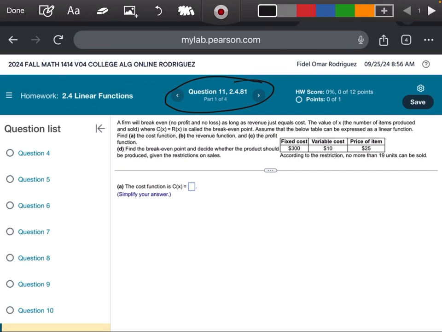Okay, so look, y'all, we're making something and we're going to be selling it. So the first thing we're going to do is figure out something called the cost function. The cost function tells us how much it's going to cost us as manufacturers to produce whatever we're making. So I'm looking at the portions here that have the cost.